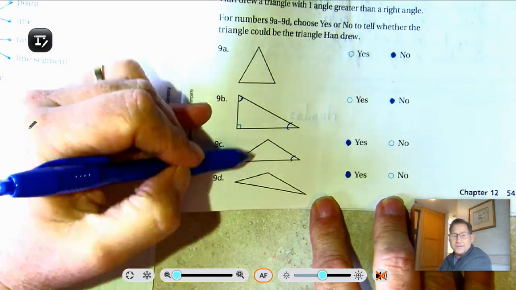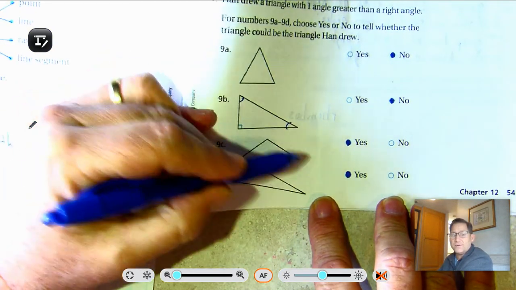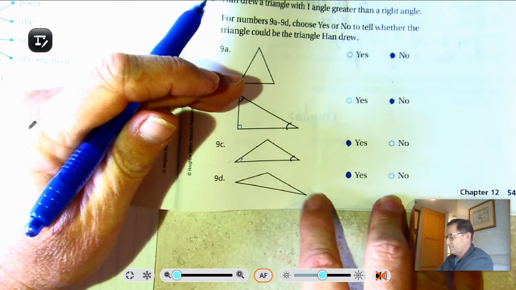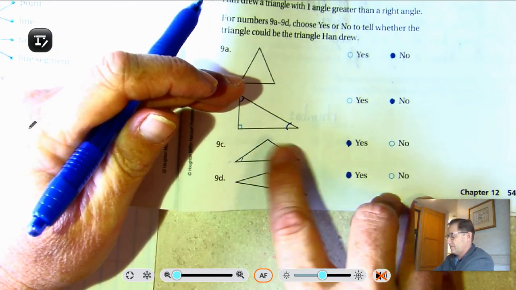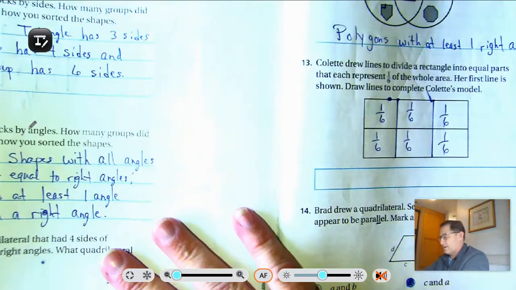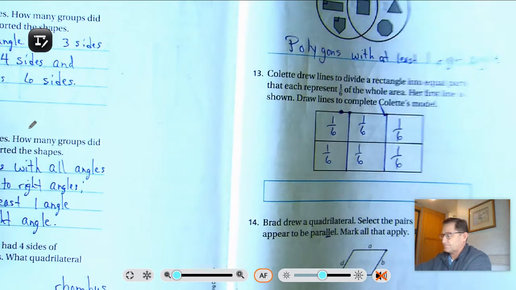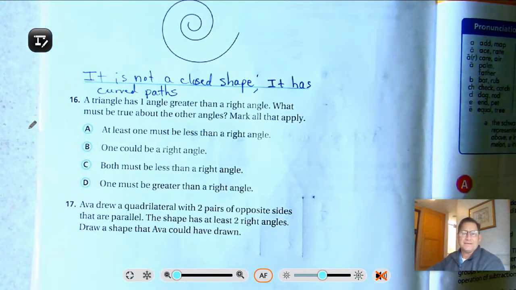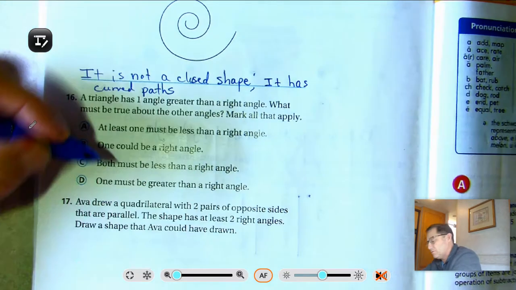These triangles down here have one angle greater than a right angle. What do you notice about the other 2 angles? They're both less than a right angle. So at least one must be less. That's true. That's true.